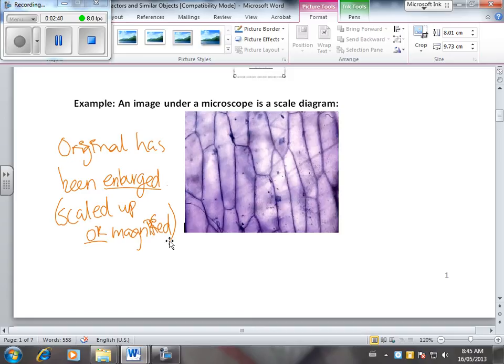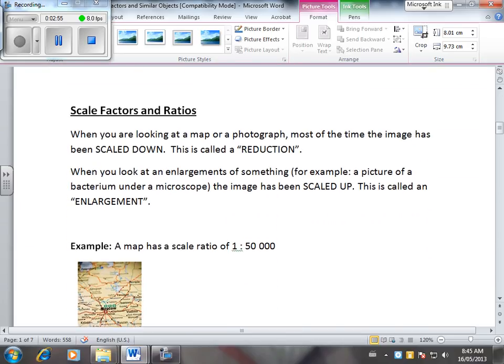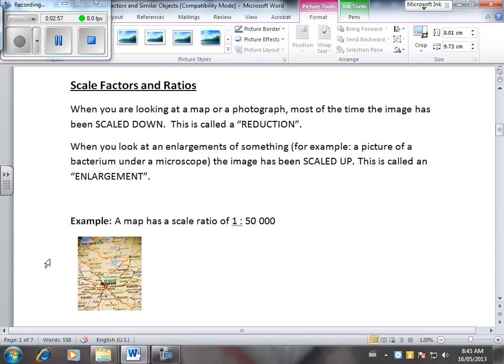Okay, and so you'll see that both of these are quite common, to magnify or to scale down. And this is something that we use in everyday life and that we rely on in everyday life. And so it's important to know how we can get between the scaled up or down diagram and the actual thing. So if we're looking at scale factors and ratios, when you're looking at a map or a photograph, most of the time the image has been scaled down, and we call this a reduction.